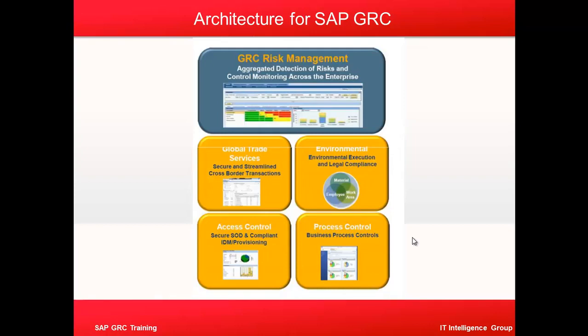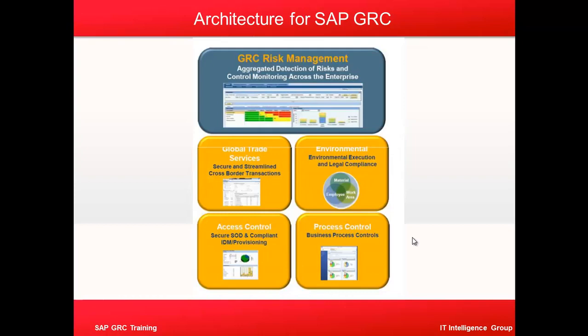At the top you can see GRC's risk management, that is aggregated detection of risks and controlled monitoring across the enterprise. This is formed of four different products. Access control, where you do secure SOD and compliant IDM and user provisioning.